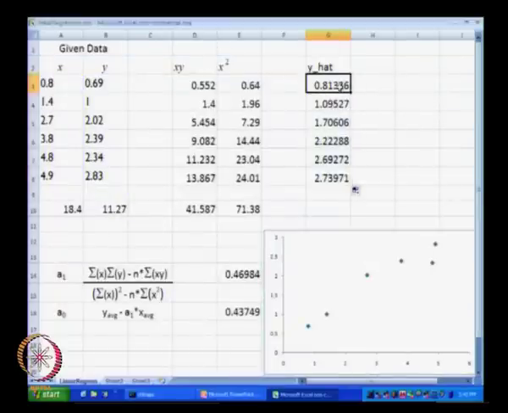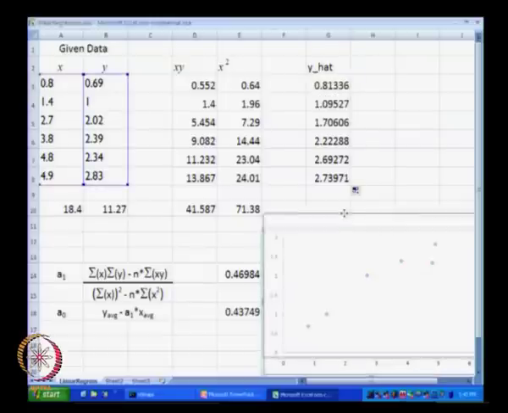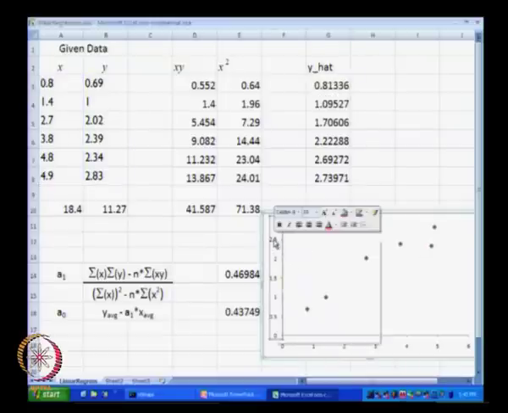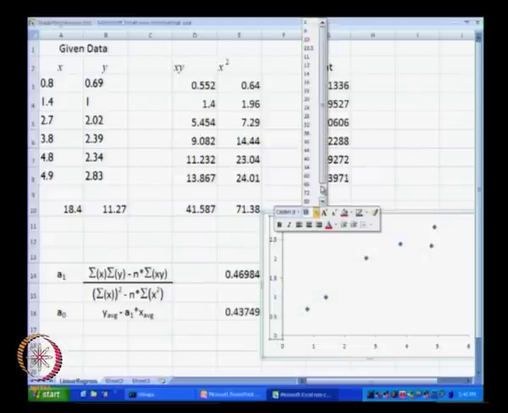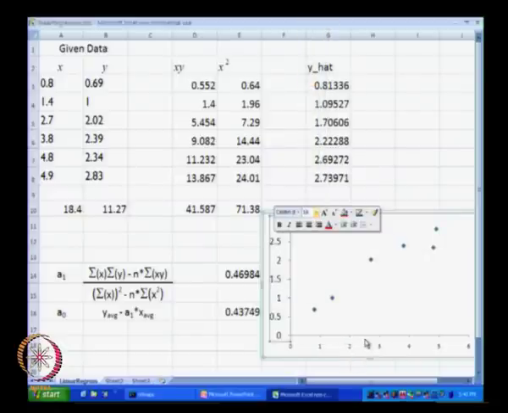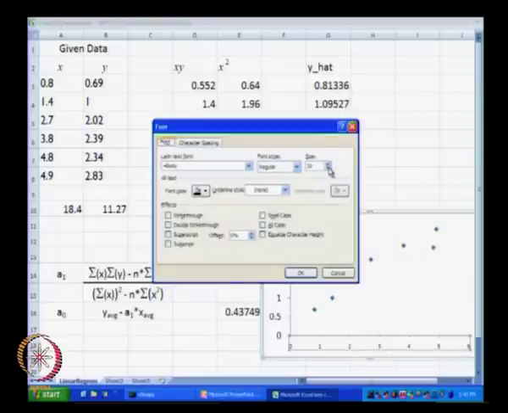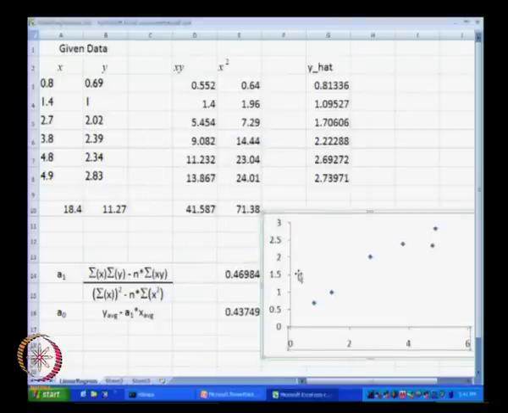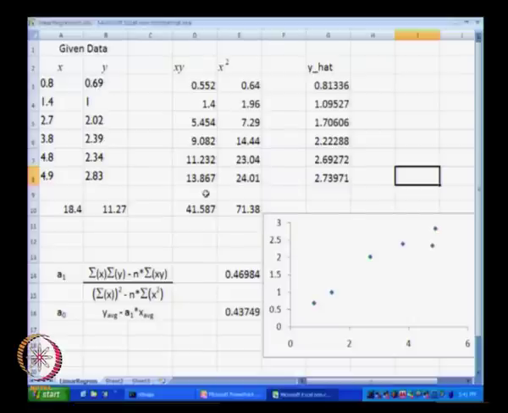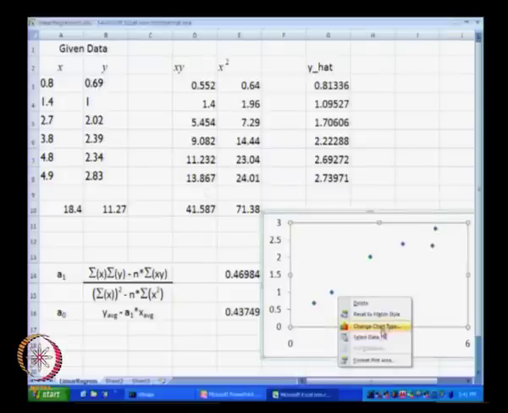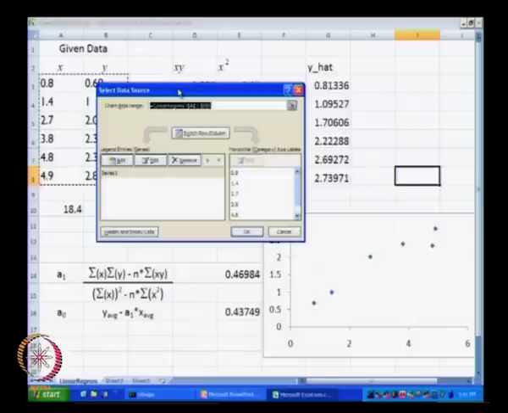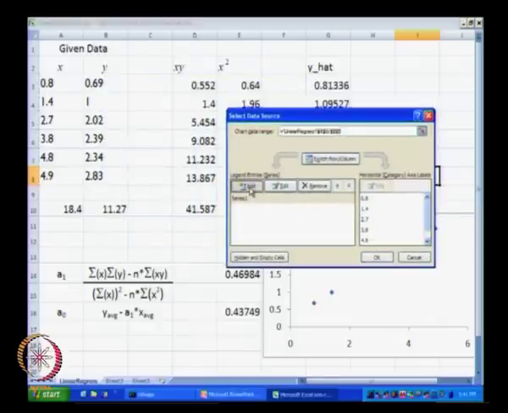And now what we need to do is plot our data. Now I will change this font size also to 16 so that it is more visible. Now I will plot this x versus y hat also in that data. We can do that by select data, click on add.